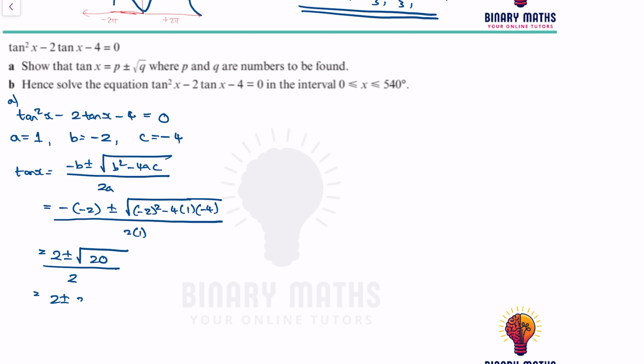Root 20 is root 4 root 5, which is 2 root 5.